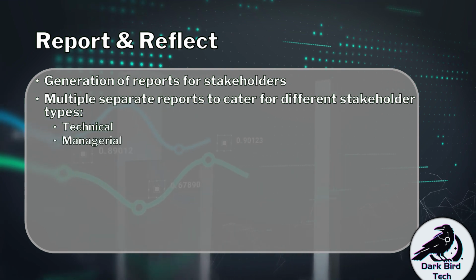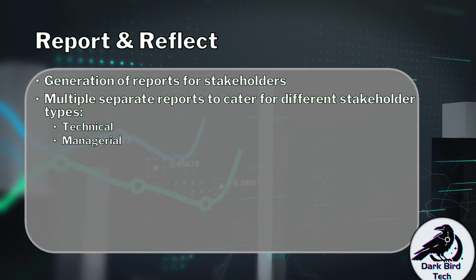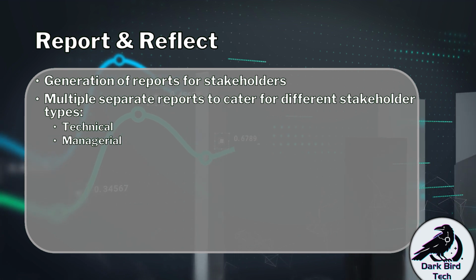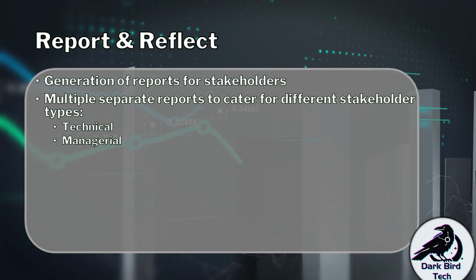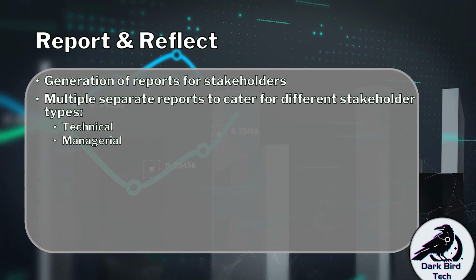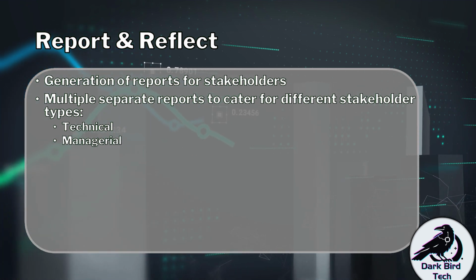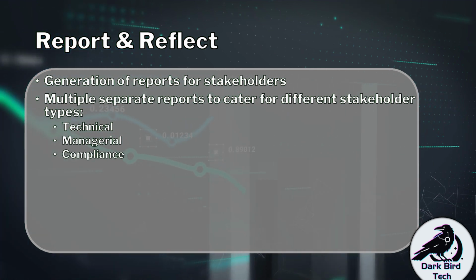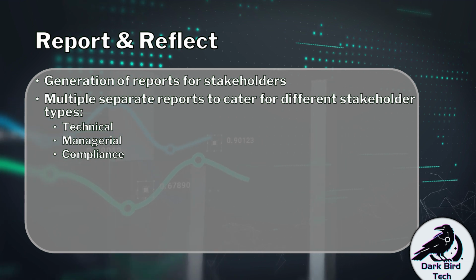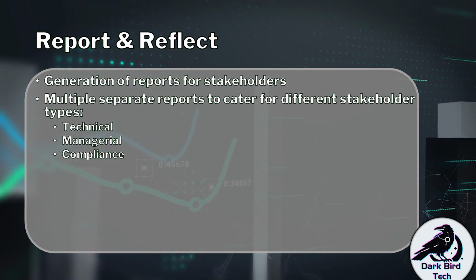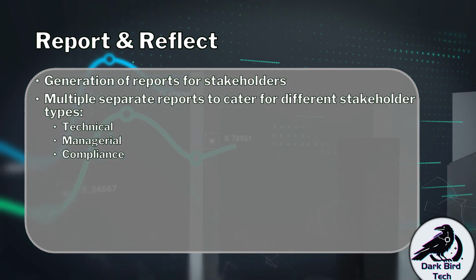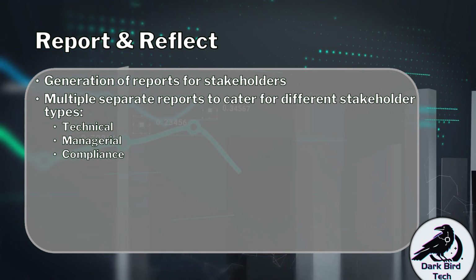You also might want a managerial report for the stakeholders in managerial roles who are not necessarily that interested in the technicalities of what happened with the incident. You'll also probably need to create a compliance report so that you can ensure your compliance with any regulatory authorities that do require disclosure during or after an incident has occurred.